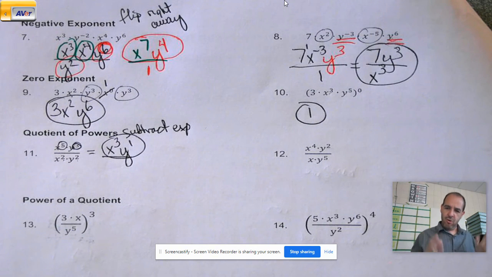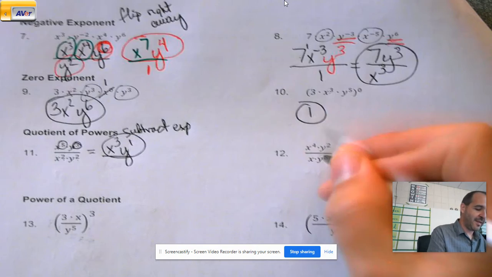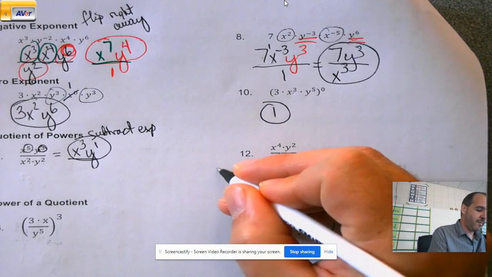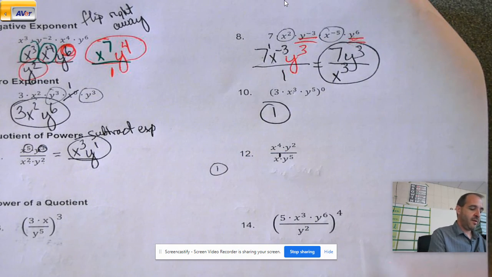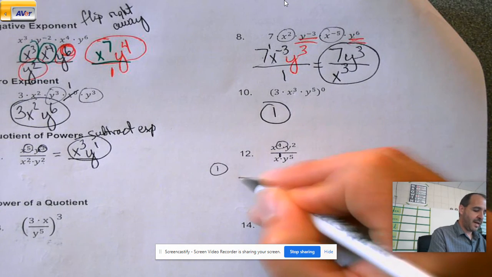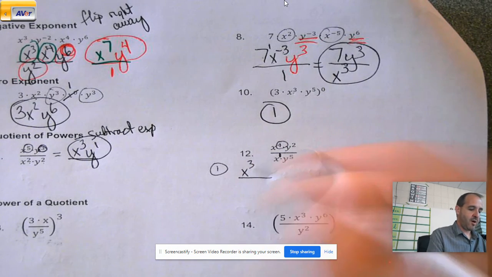Take a breath here. Now 12 is the one that gets a little more interesting. Okay, I'm going to give you two options. I know some of you hate this, some of you think this is the best thing ever, so we'll see. Okay, so option 1, we're just going to follow the rules. 4 minus 1 is 3, bigger exponents on top, x to the third.